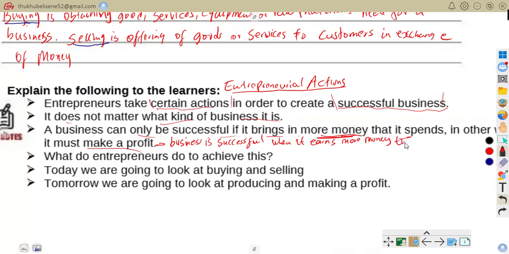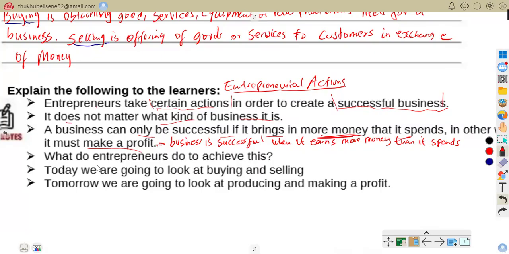That's what that statement means. For example, if a shop earns 5,000 and it spends 3,500, it makes a profit of 1,500. That's what is needed. So hope we are together, people.